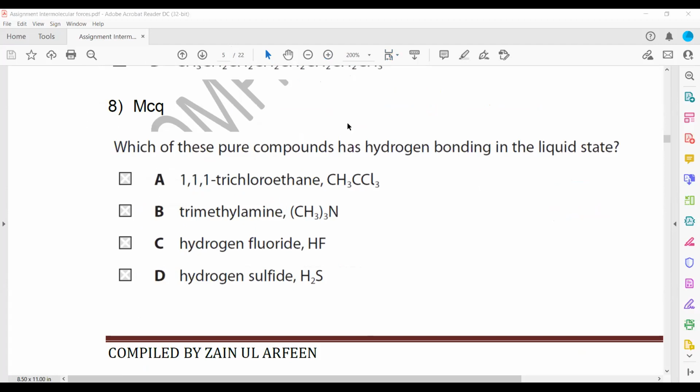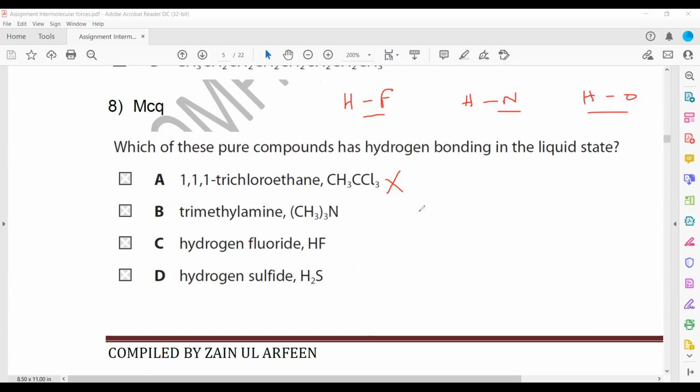Then, which of these pure compounds have hydrogen bond in liquid state? Remember, hydrogen bond can only exist whenever in a molecule hydrogen is directly bonded with fluorine, nitrogen, or oxygen. Only in these three scenarios can hydrogen bonding exist. Here we don't find any bond of HF or HN or HO.